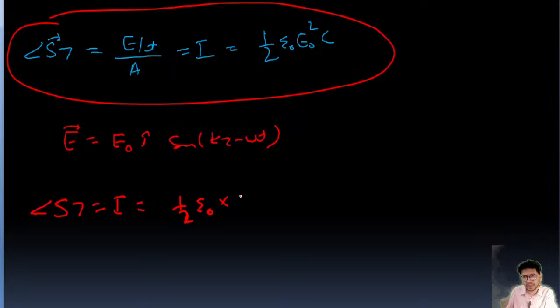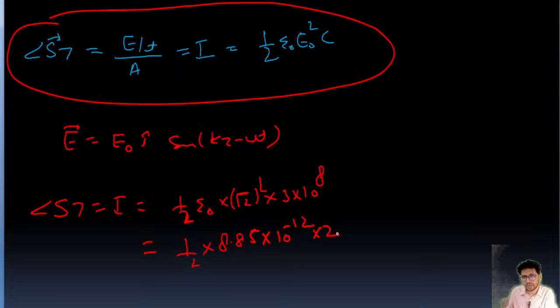E naught square means √2 square into C, 3 into 10 to the power 8, and 1 upon 2 into epsilon 0 values 8 into 8.5 into 10 to the power minus 12 into 2 into 3 into 10 to the power 8, and this value is going to be almost equal to I.